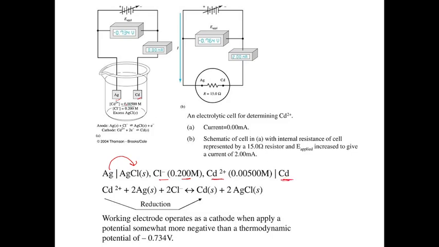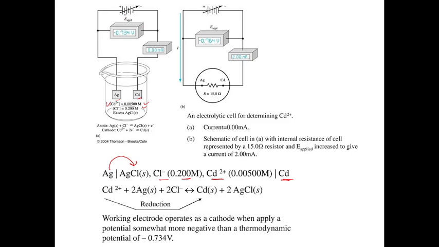Here it is written that cadmium has this molarity and chloride has this molarity. If we measure the voltage between these two terminals, it is minus 0.734.